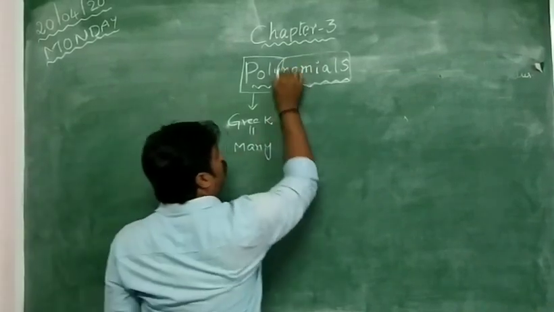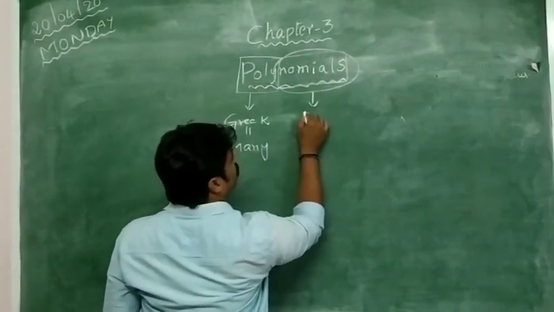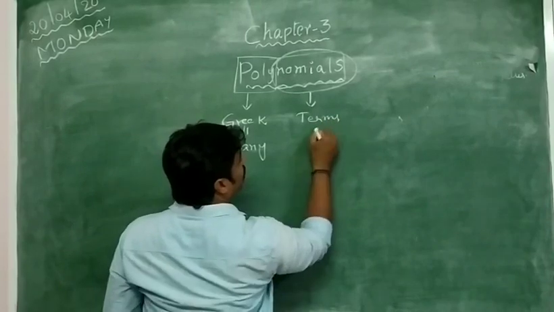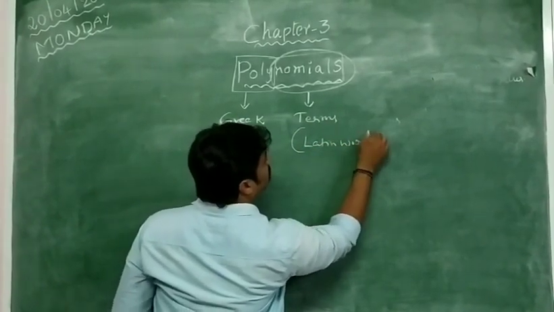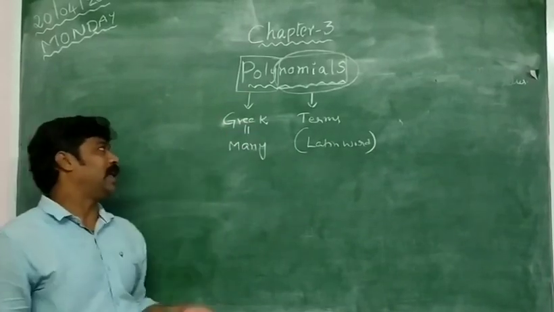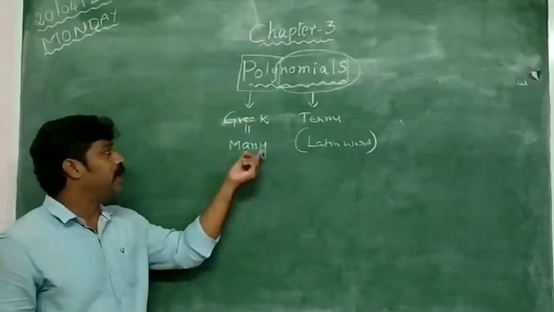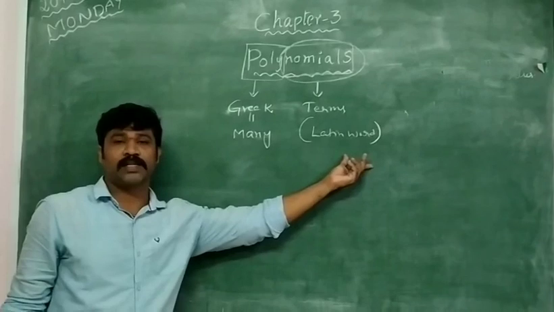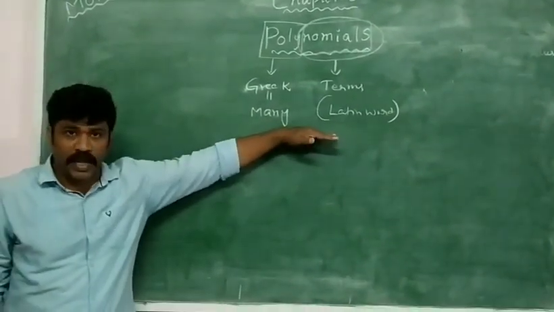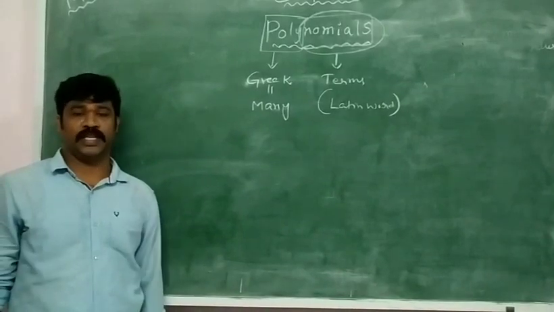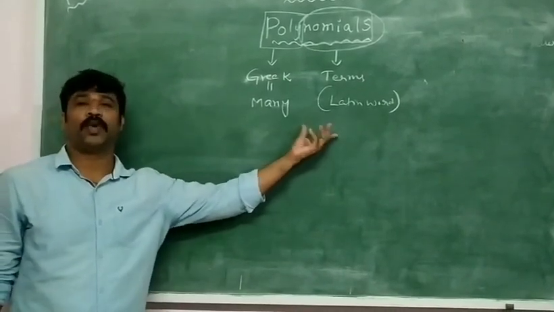Similarly, nomials here means terms, and this is a Latin word. So a polynomial is an algebraic expression containing two or more terms, and one condition must be followed, that the powers of the expression must be positive integers, otherwise non-negative integers.